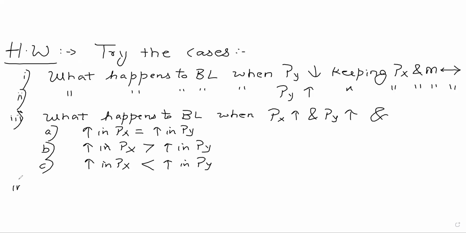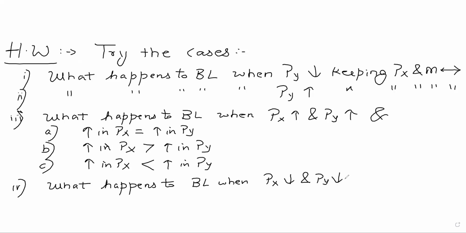And the fourth case, what happens to the budget line when both prices are falling, when Px also falls and Py also falls? Case A, fall in Px is equal to fall in Py.